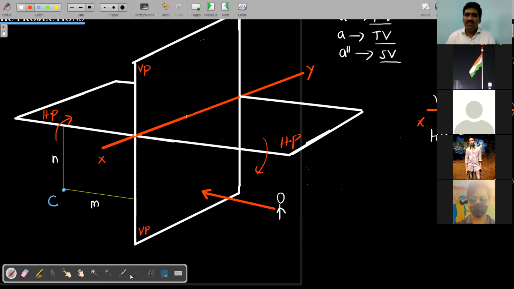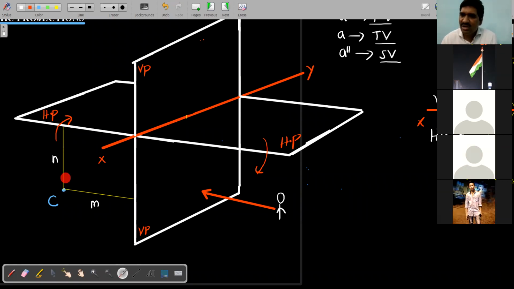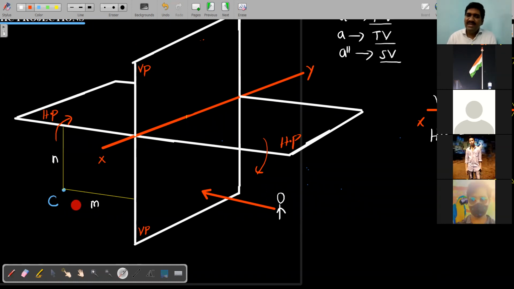Now tell me all of you, this is transparent. If this is transparent, can you see this height or not? You see this height. And how can we call this height? The distance n is below HP. Is n below HP or above HP? Below HP. And m is the distance in front of VP. So m in front, n below.